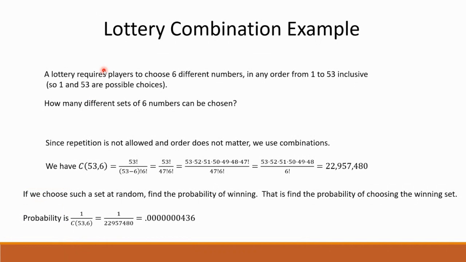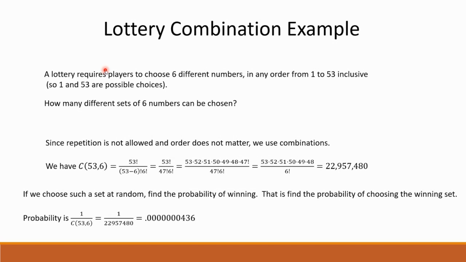So there are 53 choices for each number. And of course, to win the lottery, you have to get the winning set of 6 different numbers. You buy a ticket, and I think you can either choose your numbers or the numbers are chosen for you somehow.